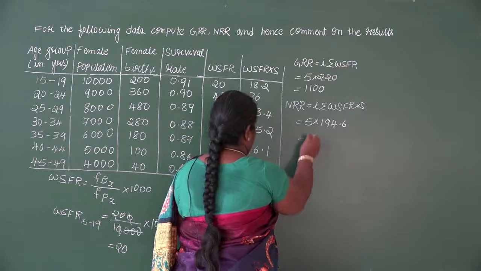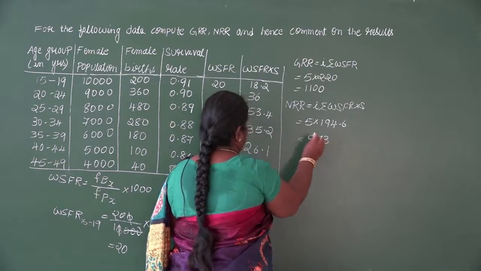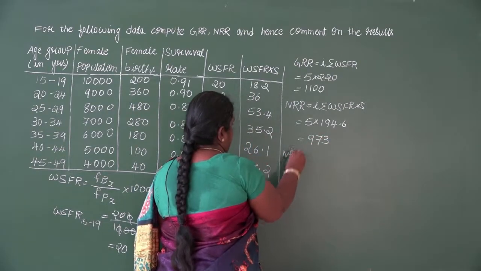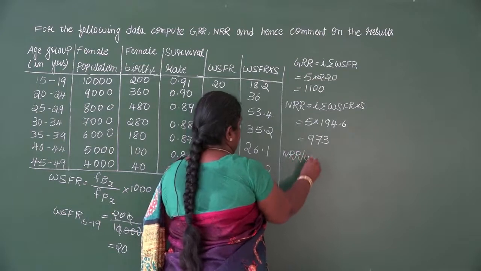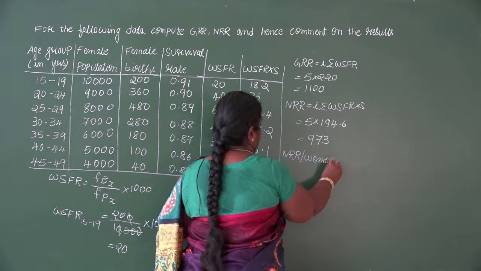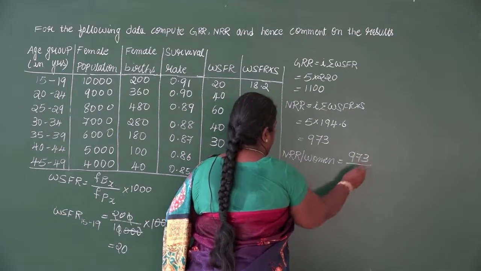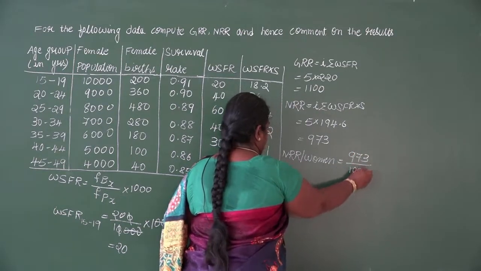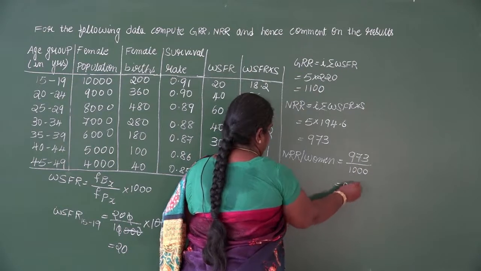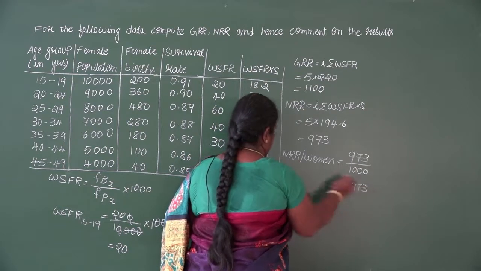We'll get 973. Then NRR per woman is 973 divided by 1000. We'll get 0.973.